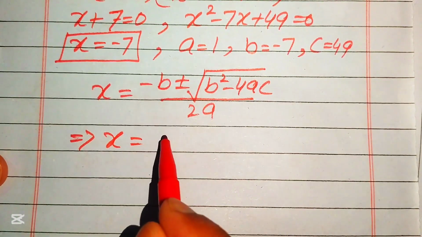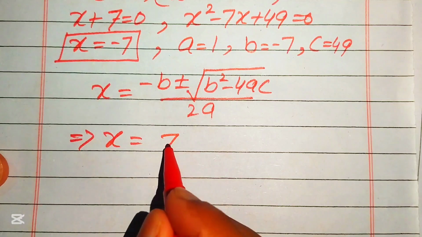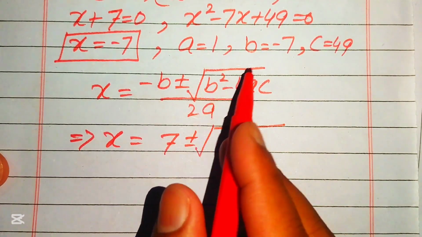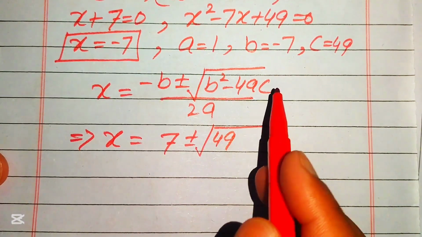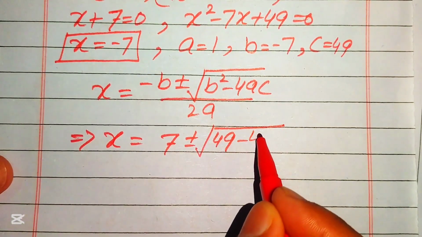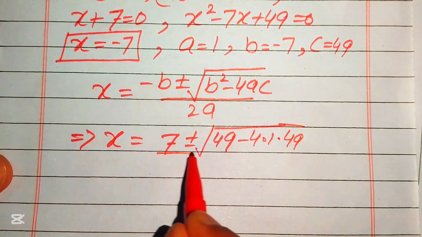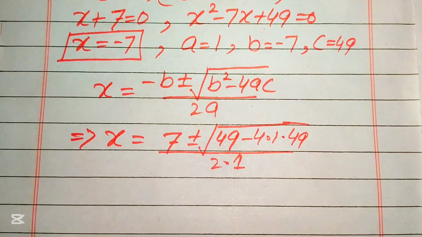Minus b, which is minus 7, becomes plus 7, plus or minus the square root of b squared, where minus 7 squared equals plus 49, minus 4 times a, which is 1, and c, which is 49, divided by 2 times a. Here our a is also equal to 1.